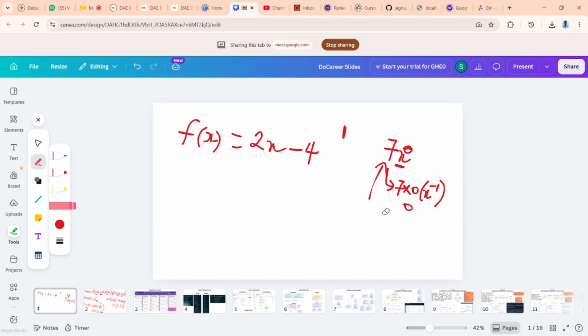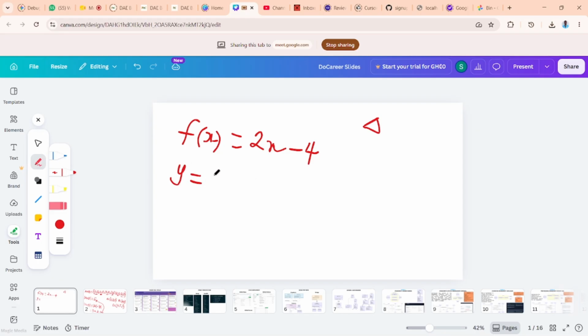So now that we have an idea of how each of them is done, then the notation. I told you in math there are so many things that mean a lot of things. Today we have seen that this one means change, and for f of x equals 2x minus 4, it could also be written as y equals 2x minus 4.